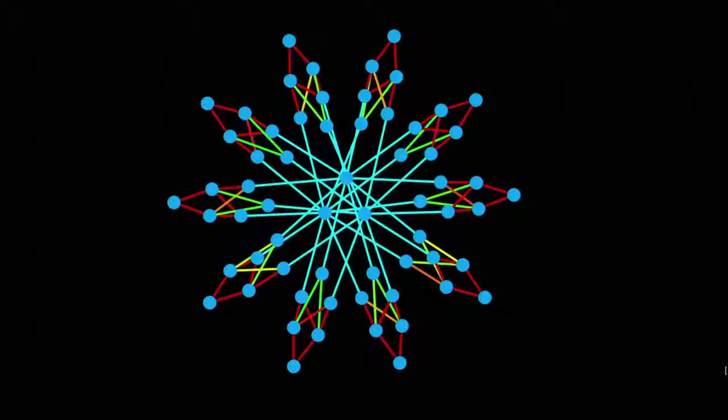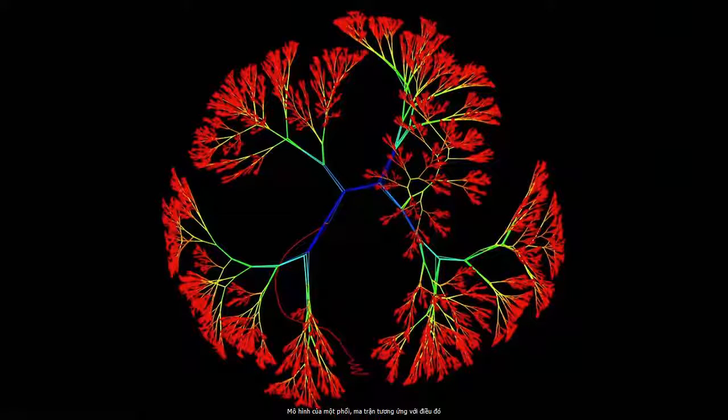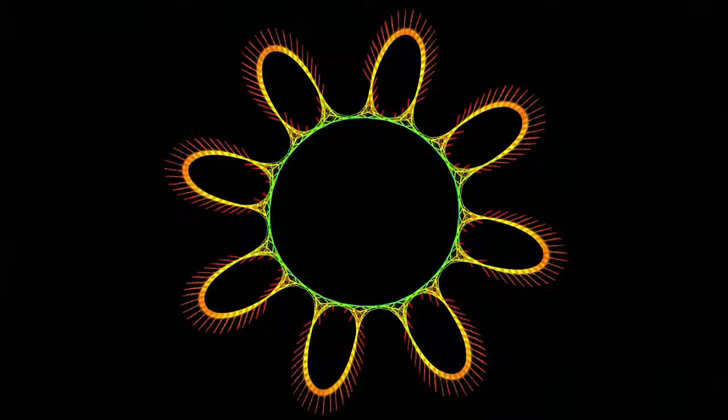Now we can apply those to lots of different matrices, and I want to share some of the prettiest ones. Here's people and the web pages they like. Modeling of a lung, the matrix corresponding to that. Financial portfolio analysis.